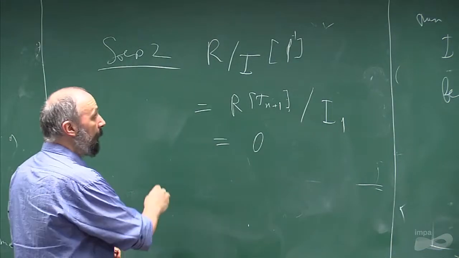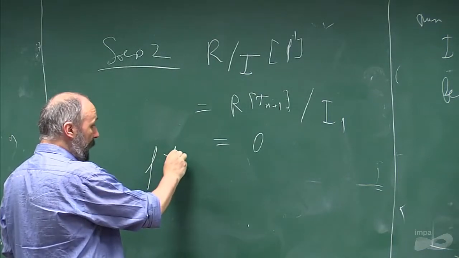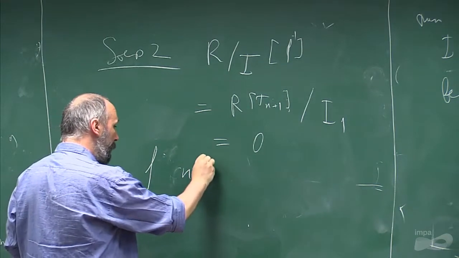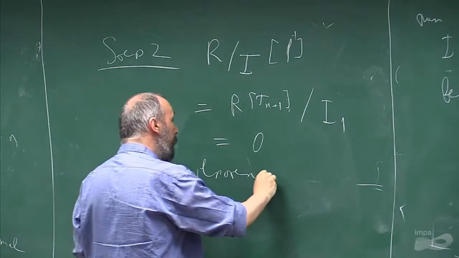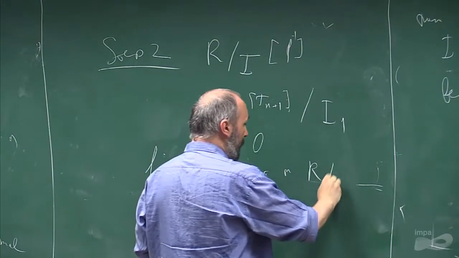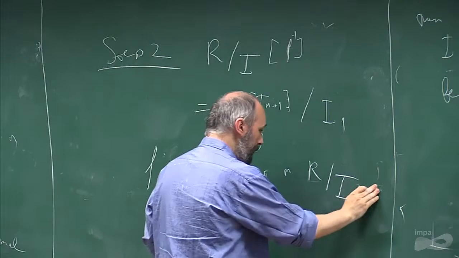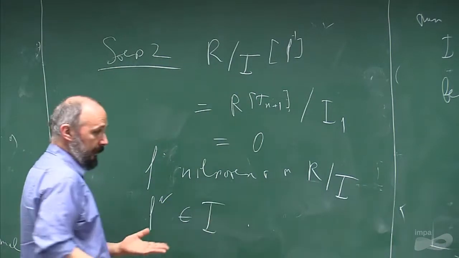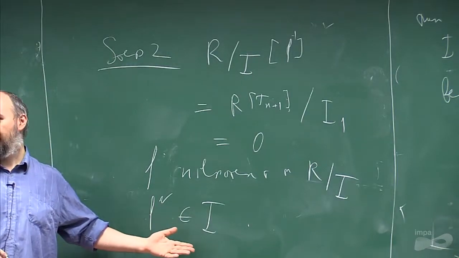So this is 0. And this means that f is nilpotent in R by I. This means that f power n belongs to I, and this is something we just needed to show.